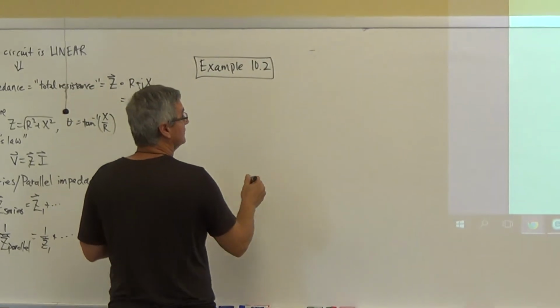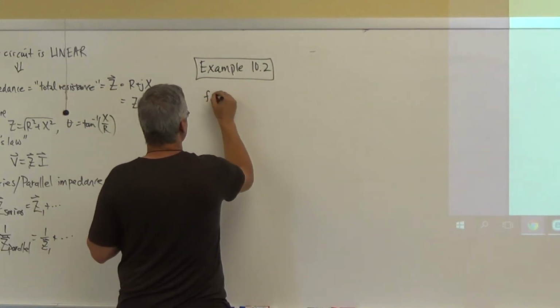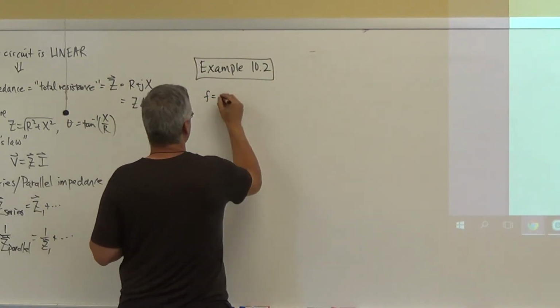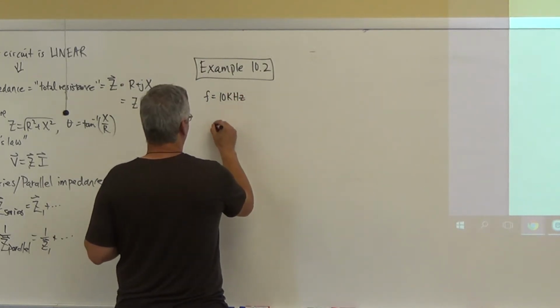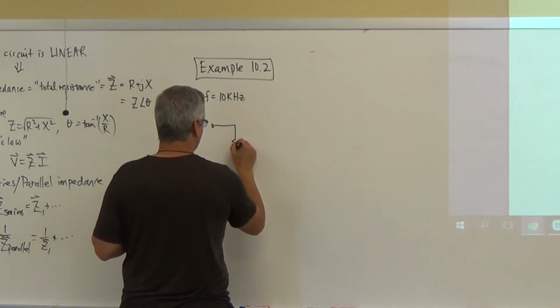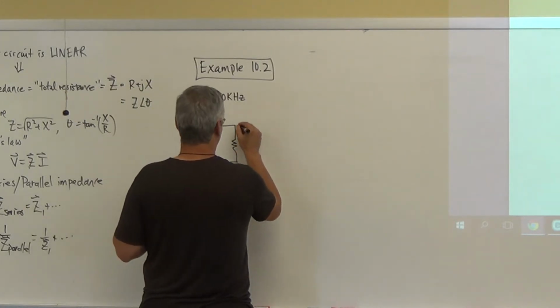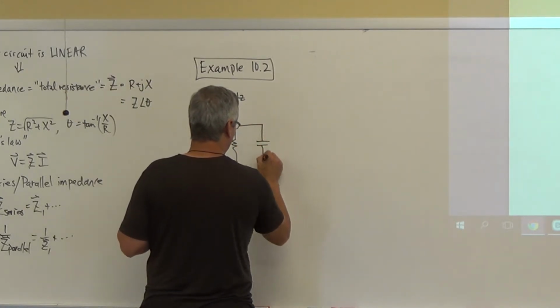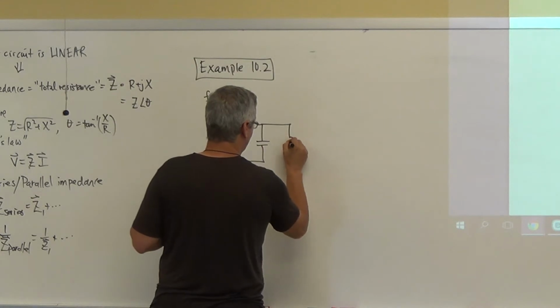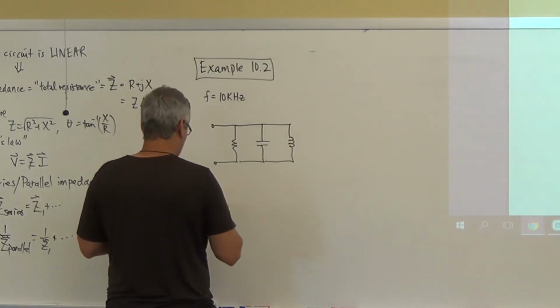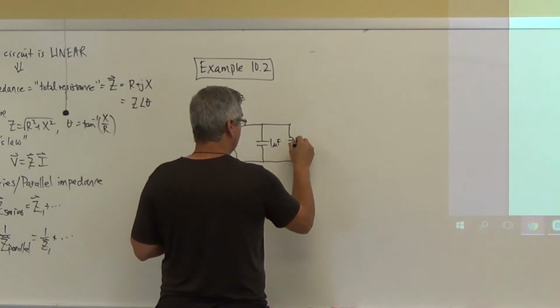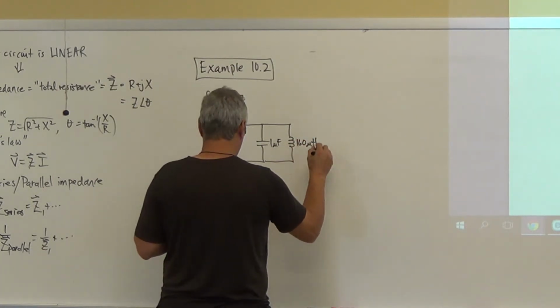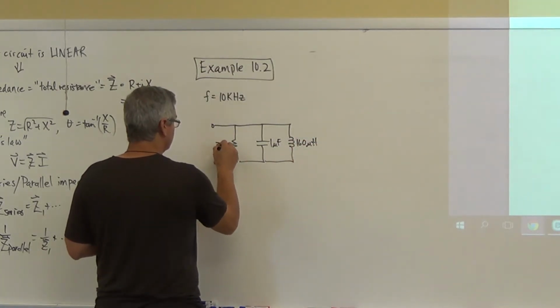If I look at my circuit here, I know that the frequency of this system is 10 kilohertz. So what I have here is this guy: 1 microfarad, this is 160 microhenries, and this guy's 36.